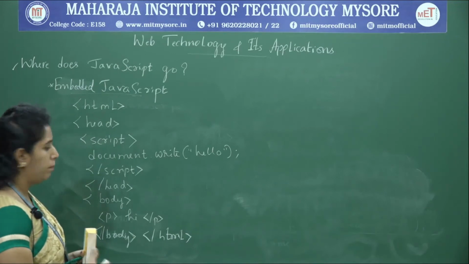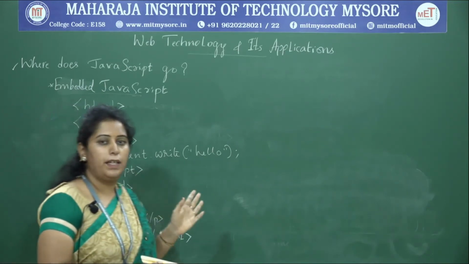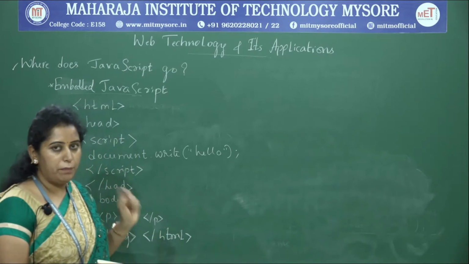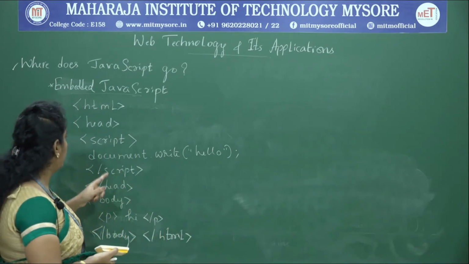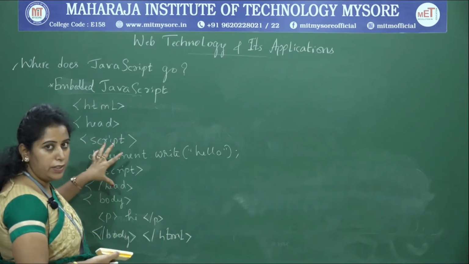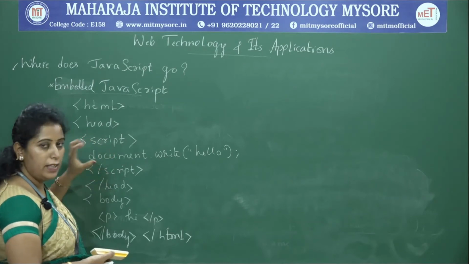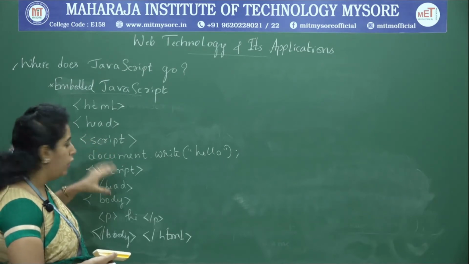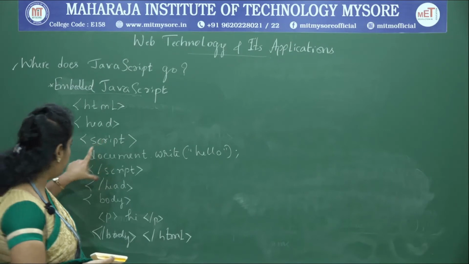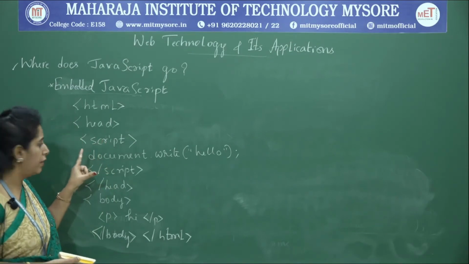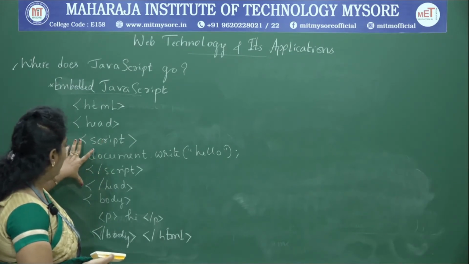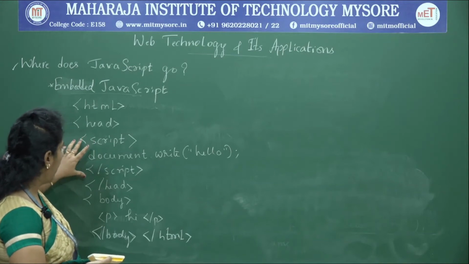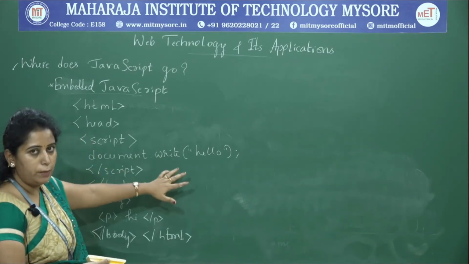Now what has happened here, this is a very simple example to understand embedded JavaScript. Embedded JavaScript means you are embedding the JavaScript within an HTML using the script tag inside the header part. So within the header you have to open a script tag, and there you have to give a JavaScript code.